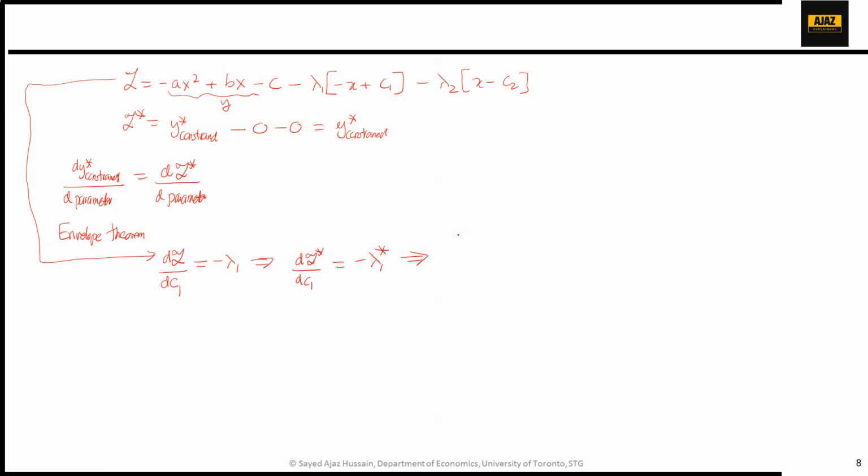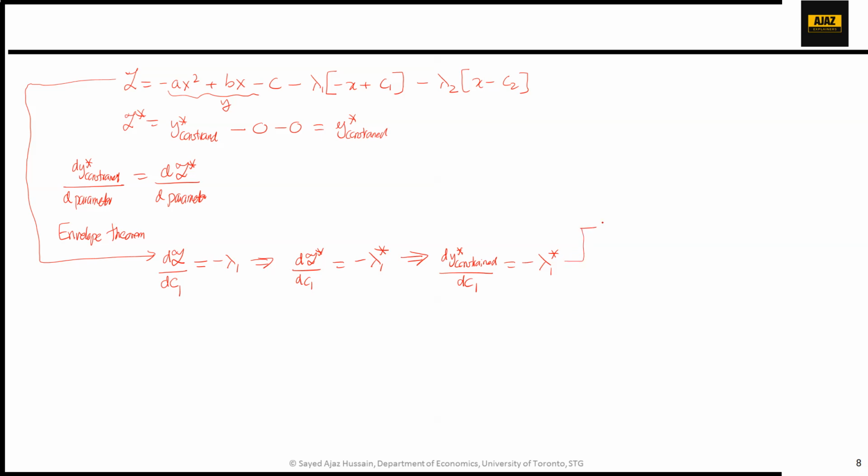And since L star is the same as y star constrained, the change in the value of y constrained over the change in c1 will be equal to minus 1 times lambda 1 star. And then, of course, the value of this will depend on whether you're in case B, C, or D.